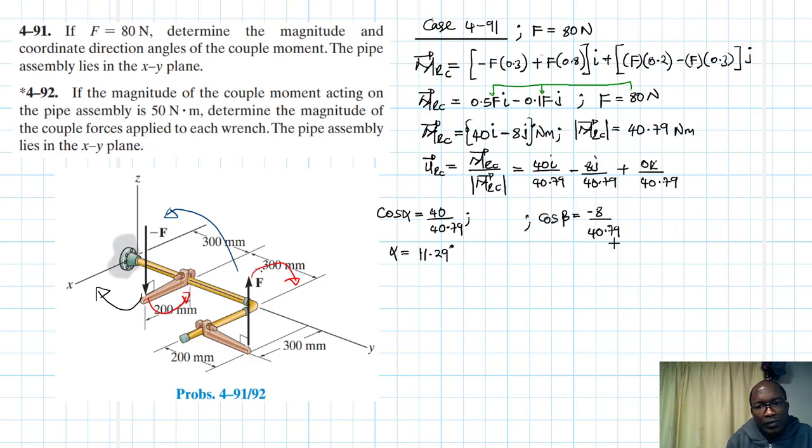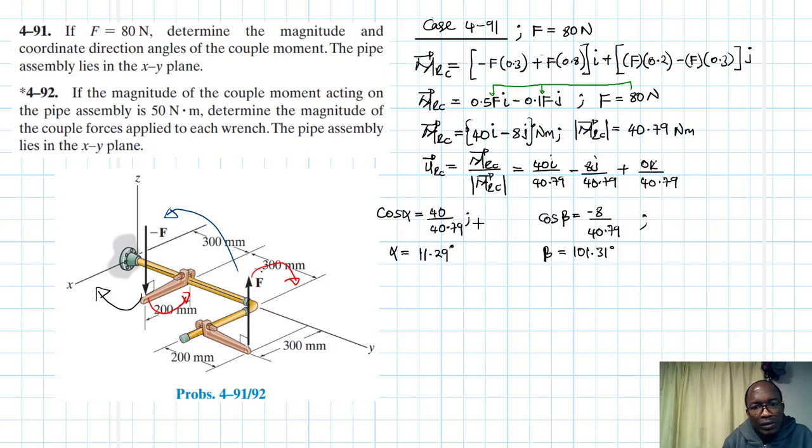All right, and therefore beta is equal to cos inverse of minus 8 divided by 40.79, which just gives us 101.31 degrees.